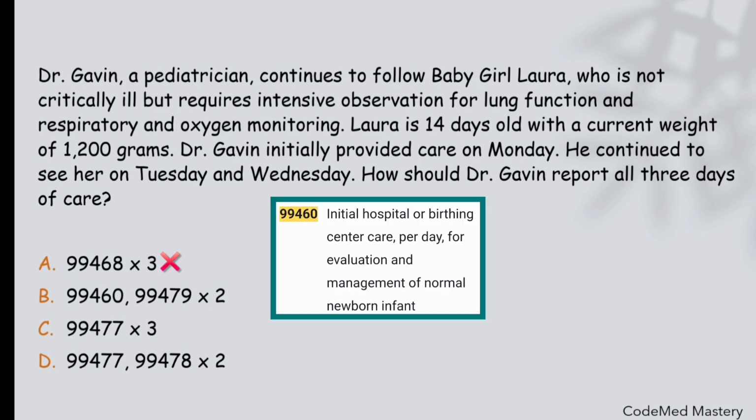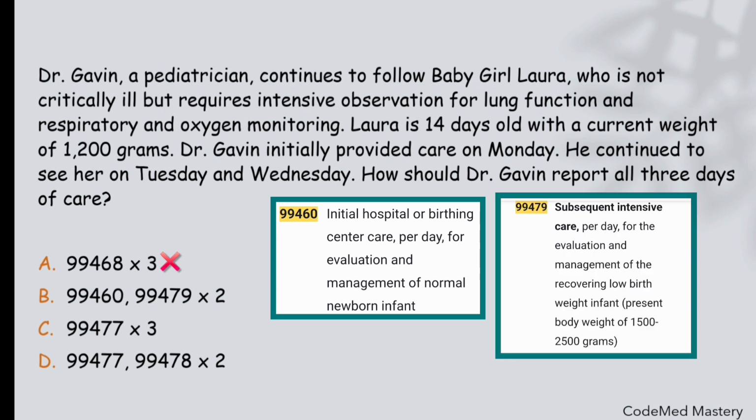Coming to option B, 99460. That is for initial hospital or birthing center care per day for evaluation and management of a normal newborn infant. And in option B, there is another code 99479, which is for subsequent intensive care per day for evaluation and management of recovering low birth weight infant 1500 to 2500 grams.